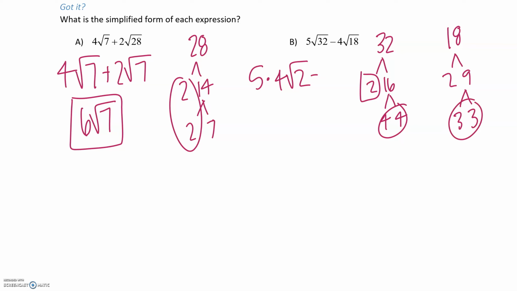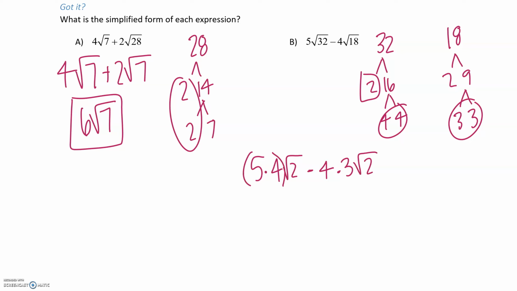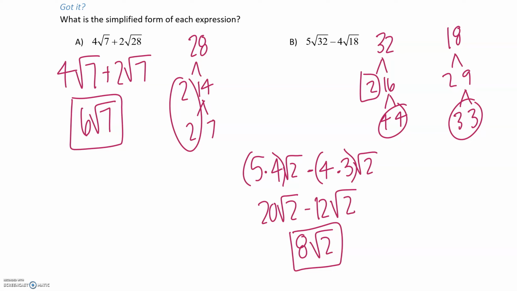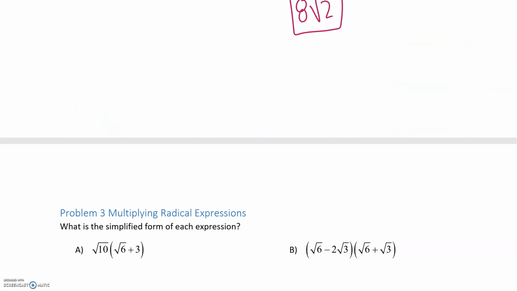So that gives us minus 4 times 3 square roots of 2. That's going to be 20 square roots of 2 minus 12 square roots of 2, which leaves us with just 8 square roots of 2 because we're only worried about these coefficients on the outside.